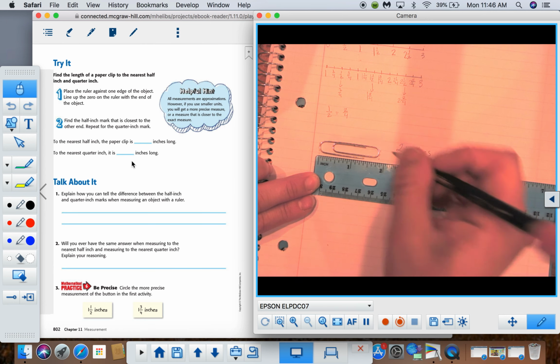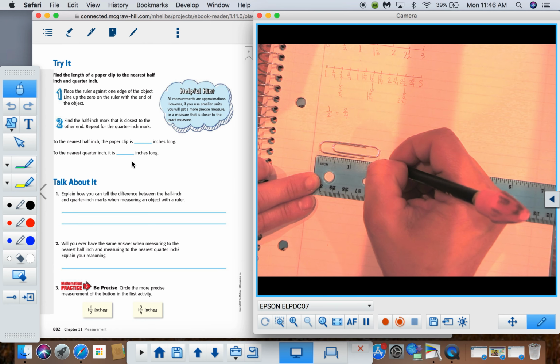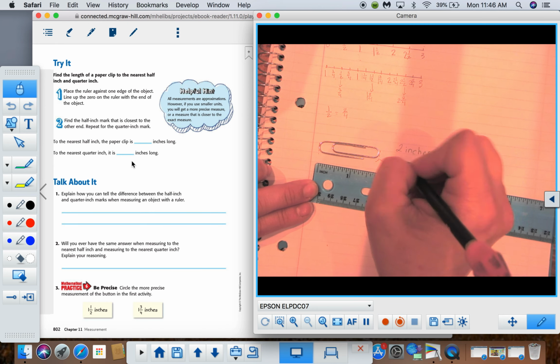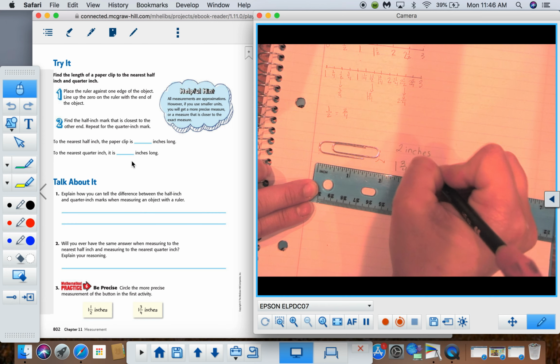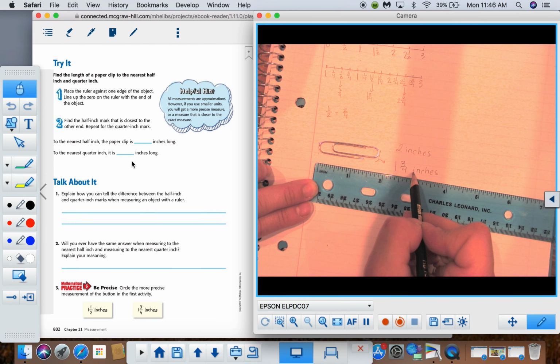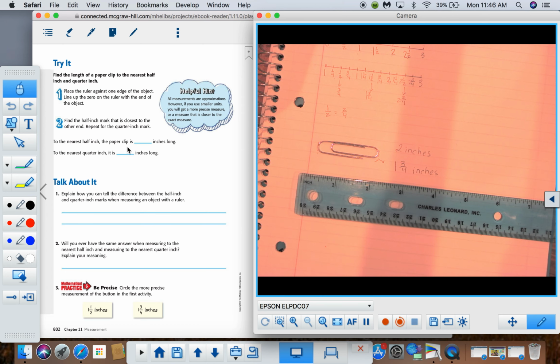All right, let's see. 3/4 right here. Is it closer to 1 3/4 or closer to 2? It is closer to 1 3/4 inches. This gives us a more precise measurement. Okay, it's not the exact measurement, but it's a more precise measurement.